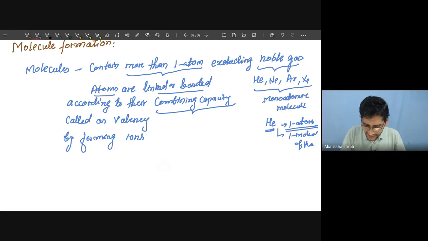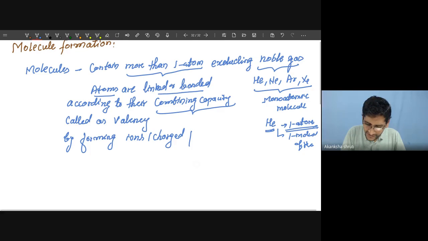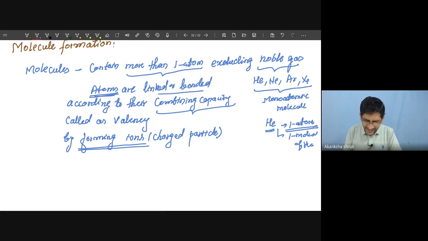Ions are charged particles. The same atom will get charged, getting a magical number, either positive or negative. Positive and negative attract each other and hold together to form a molecule. So these atoms will first form ions.